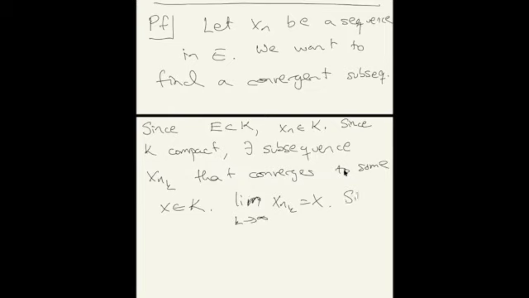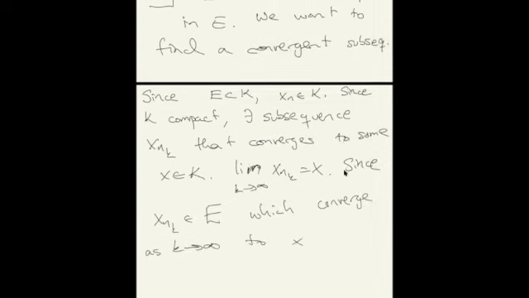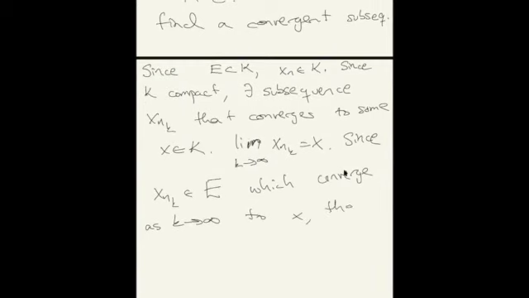So since x_{n_k} are points in E, which converge as k goes to infinity to x, then since E is closed, that means E contains all of its limits, and x is a limit of this particular subsequence.